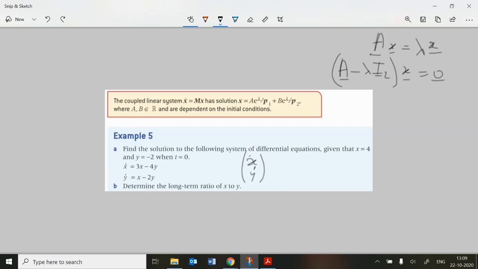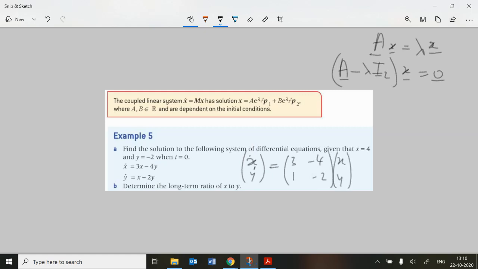Okay, so there are our two derivatives there, and of course y dot means dy/dt as well. So this is equal to this, and essentially in matrix form that's going to give us 3 and minus 4, and 1 and minus 2, times x, y.